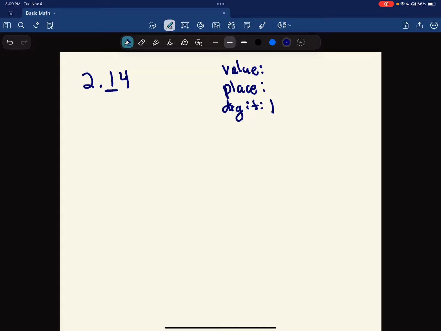The value is just 0.1, and the place is tenths place. All right, so remember, the first number after the decimal point is tenths, and then the second number after the decimal point is hundredths. So the 1 is underlined, so the place would be tenths, and the value is 0.1.